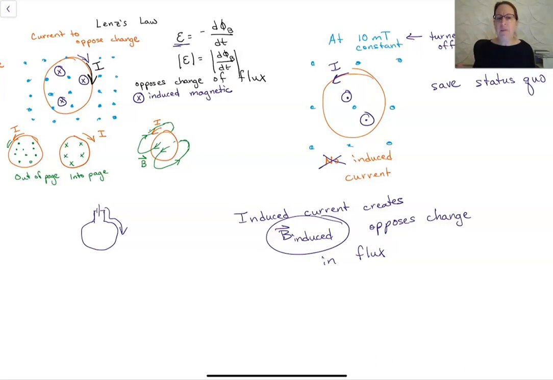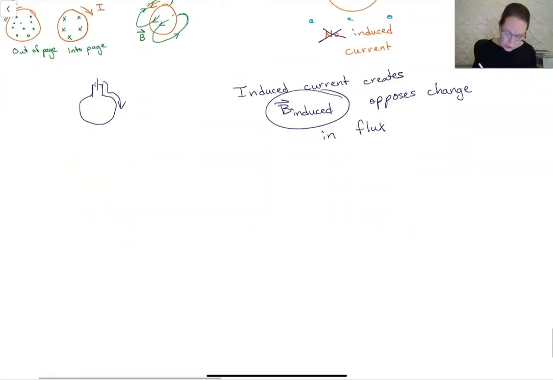If it's a magnetic field that was out of the page and it starts to drop, it says, hey, wait, I need that out of the page induced magnetic field. So this is how we decide the direction. This is all Lenz's law that tells us that this is how it sets up to oppose the change. And what that means is that it makes it harder to do something. It sort of creates some resistance, if you like.